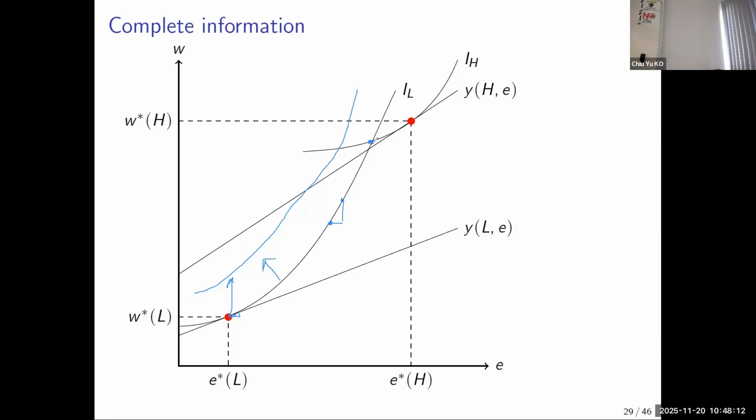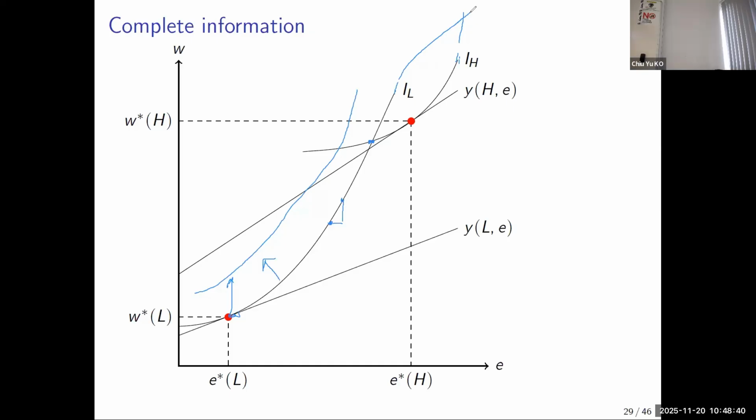For any two indifference curves, you can only cross once. It can't go and cross again. Once you cross, it's over. Any two indifference curves of two types only cross once. That's the meaning of single crossing.